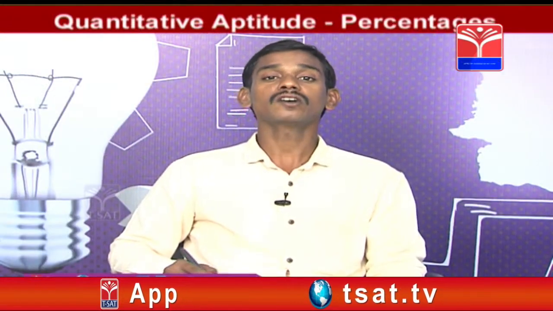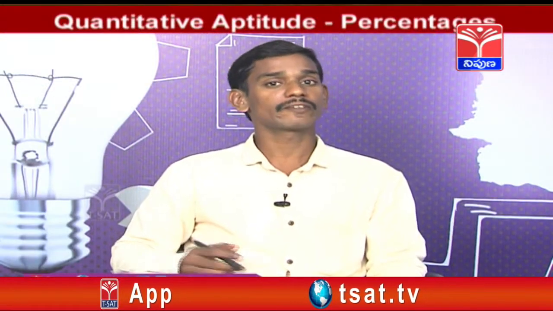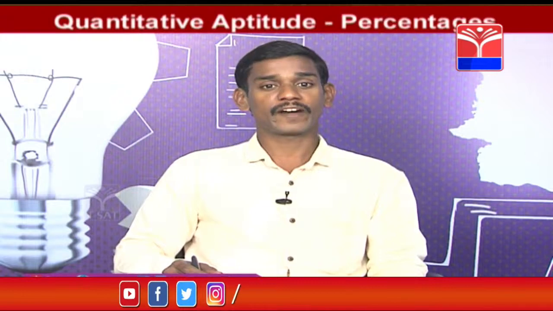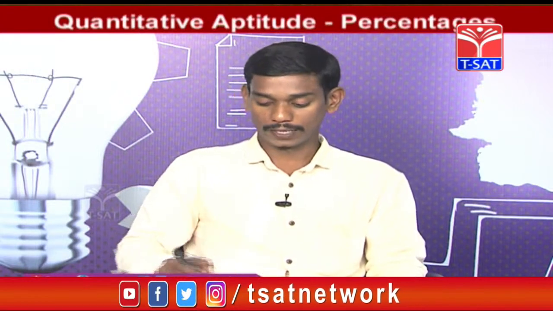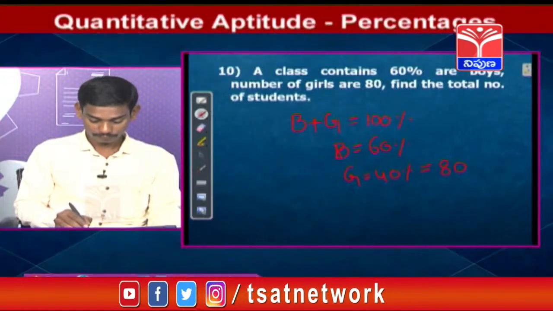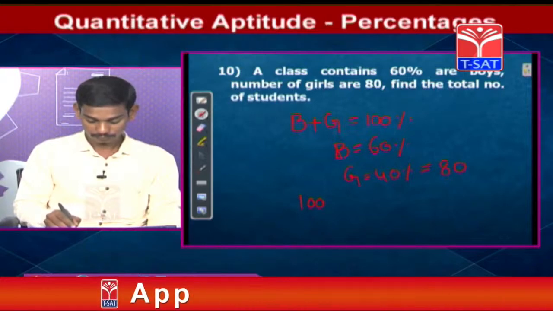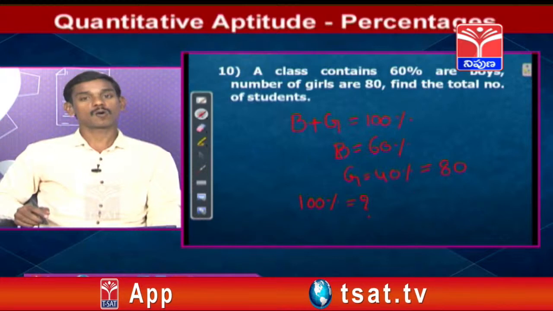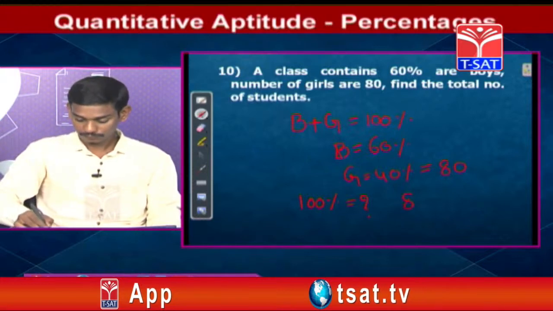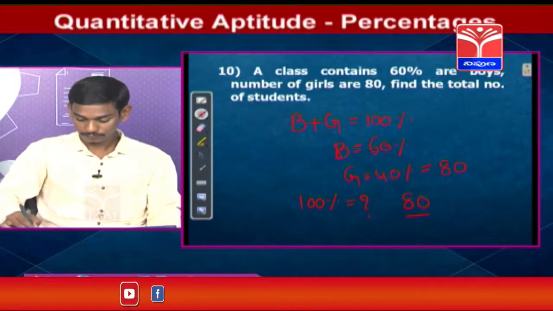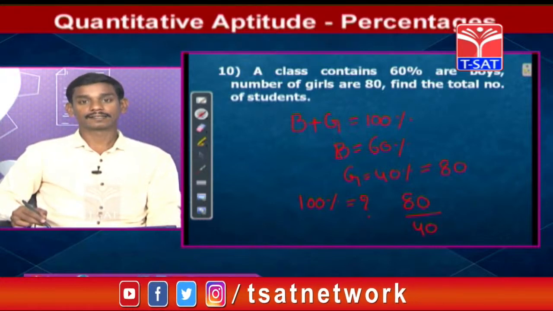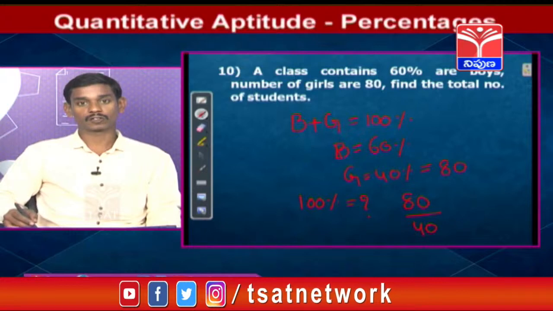So we wanted to find the total number of students. Already we know the number of girls and the percentage of girls. So by using this we can find the total number of students. 80, that is the number of girls, it is equal to 40%.